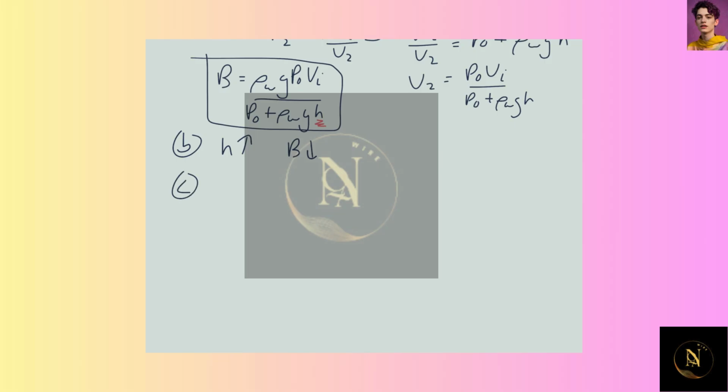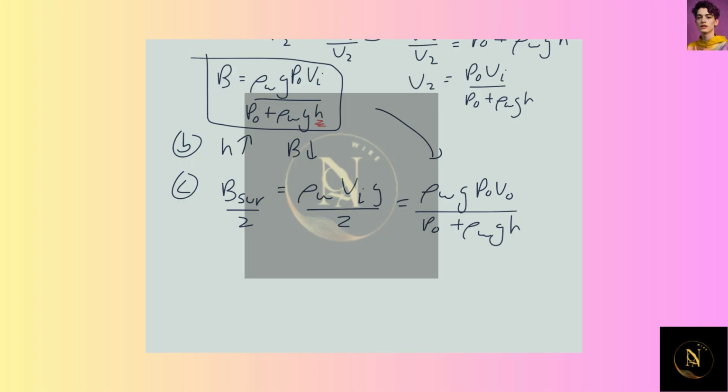Now, part C asks us to look at half the buoyancy force at the surface. So the buoyancy force at the surface, B surface, is going to be the density of water, rho W, times the volume at the surface, which is V1, times g. But we want half of that. And we need to set that equal to our buoyancy force we found in part A, which is rho W g P naught V1 over P naught plus rho W g h.